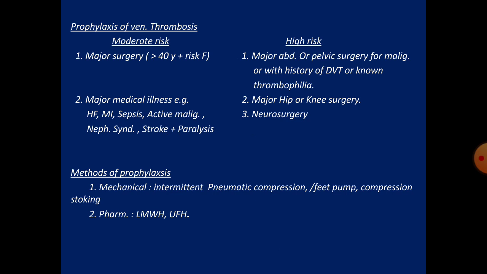So when do we need anticoagulants as prophylaxis? In patients who have moderate risk, and patients who have high risk. For any major surgery, in patients more than 40 years old, there is a risk of thrombosis, so we need to keep these patients on prophylactic anticoagulants. The same applies to medical illnesses like heart failure, sepsis, active malignancy, and nephrotic syndrome.